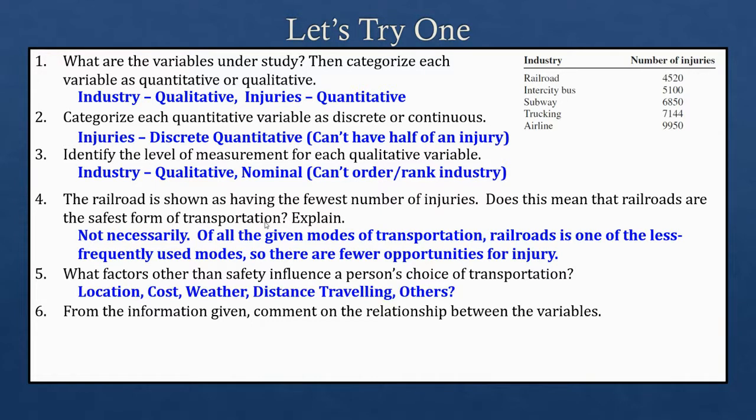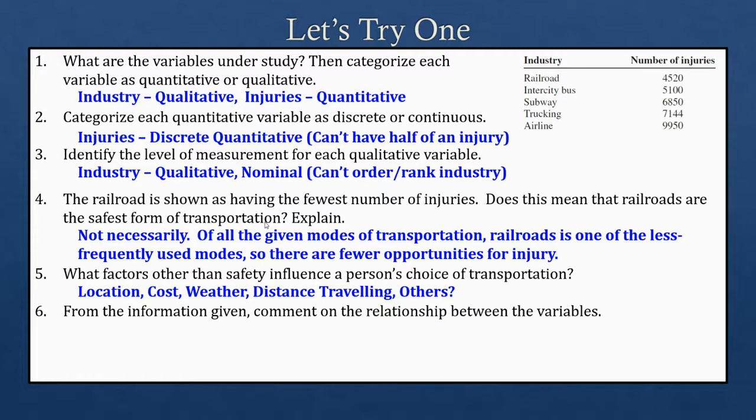Location, so where are you in relation to where you're traveling to? I'm not going to take an airplane from Thurmont to Frederick. I'm not going to take a railroad from Thurmont to Alaska. That would take forever. So it's just a matter of distance that you're traveling, how far you are from the nearest railroad.